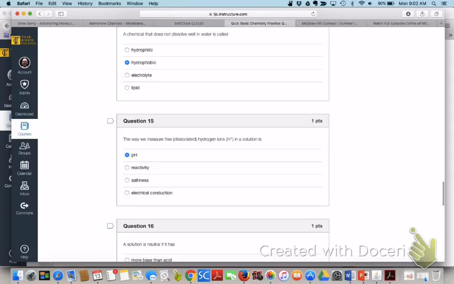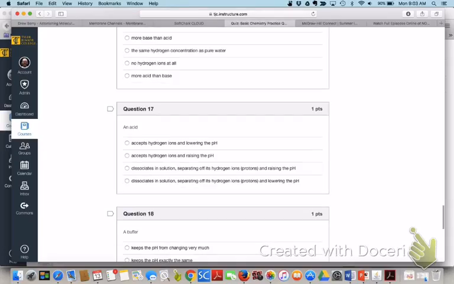Okay, question 16, and we're not responding, so I'll read it to you off my other screen. Did it come back finally? Good. A solution is neutral if, what are your choices? No hydrogen ions at all? Not likely.